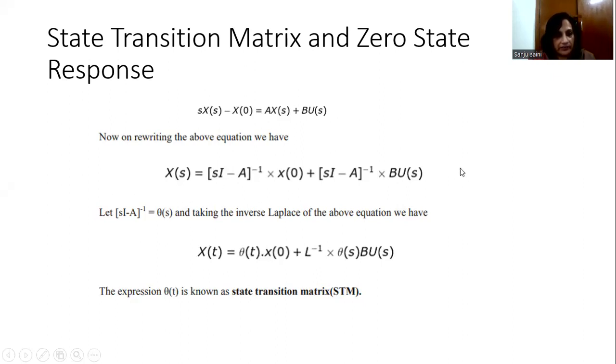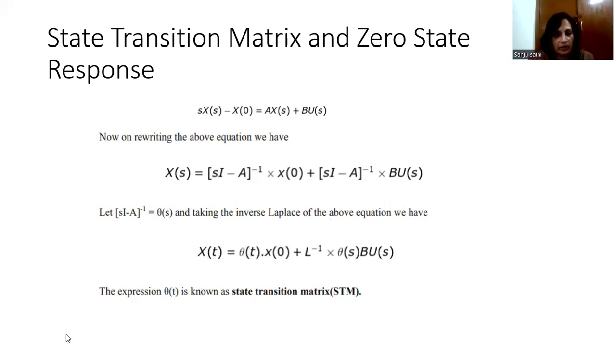If we take its inverse Laplace transform, then X(s) gives x(t). Laplace inverse of (sI minus A) inverse is equal to theta(t), that is the state transition matrix, times x naught as it is. Then Laplace inverse of (sI minus A) inverse into B into U(s). This expression is again theta(t); we have written theta(t) over here.